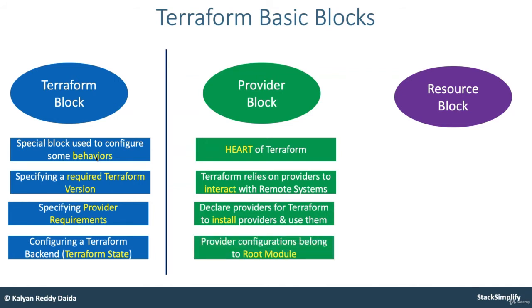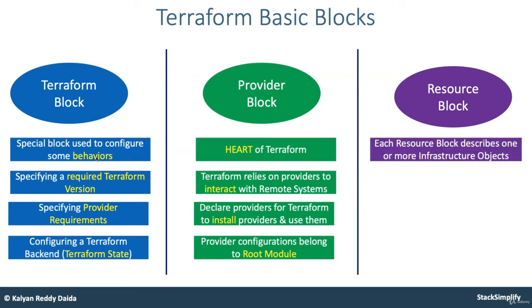Provider configuration belongs to the root module. Whatever you write in the next sections is related to the root module only. The moment you reach the 10th or 11th section of this course, you will see something called modules. Those modules are called child modules. Till then, whatever you see is the root module only.